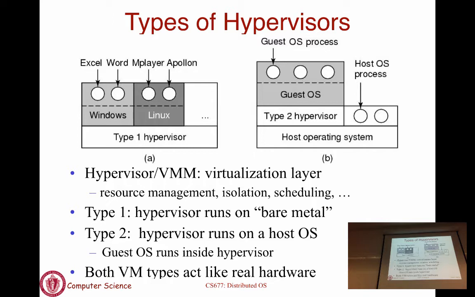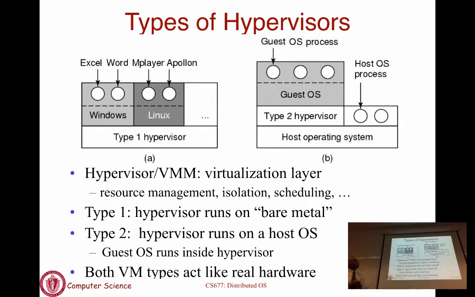Essentially that's the layer that is responsible for virtualizing hardware resources. That's the layer that allows you to create a virtual machine that looks like a physical machine. If you have more than one virtual machine running, it is responsible for resource management and resource allocation across VMs. You can do scheduling and all of those things. We'll get into details of how we go about doing that in just a moment.